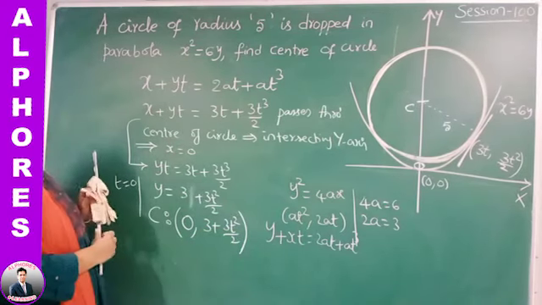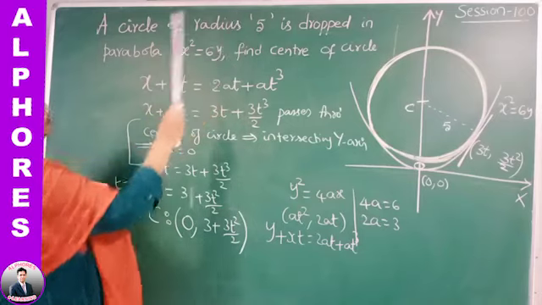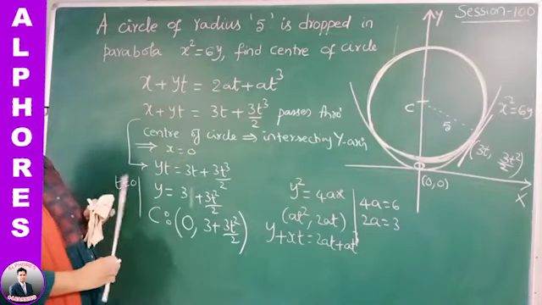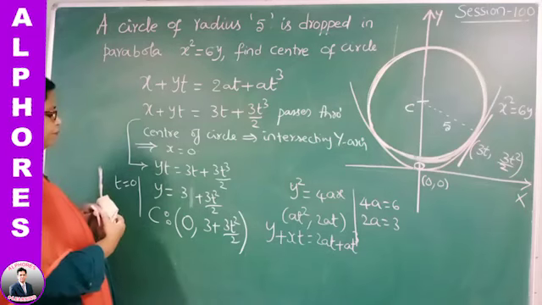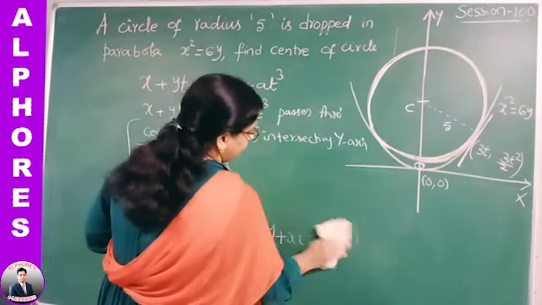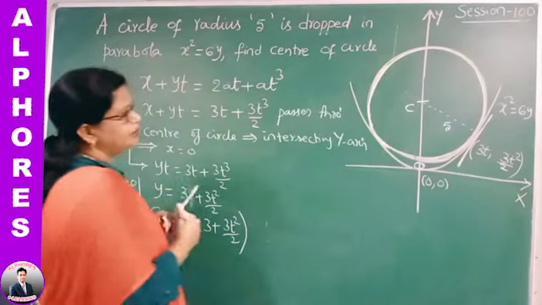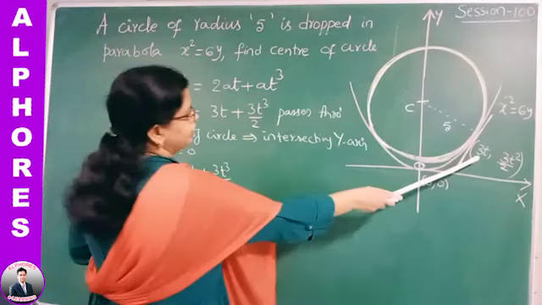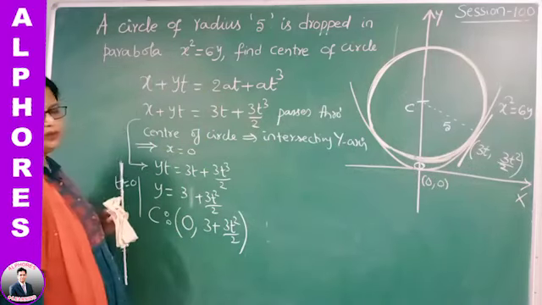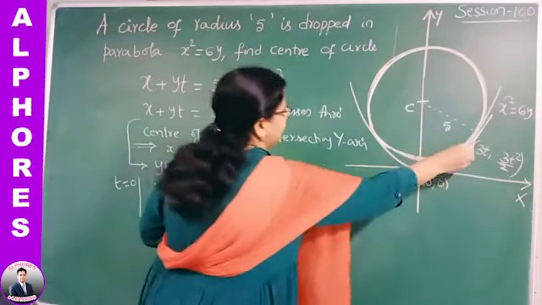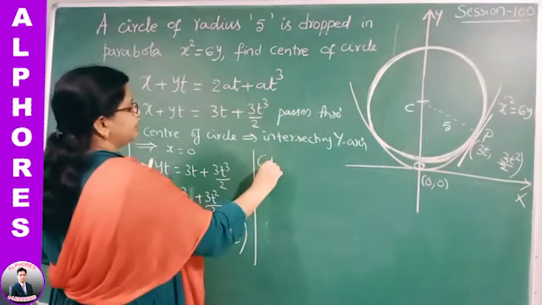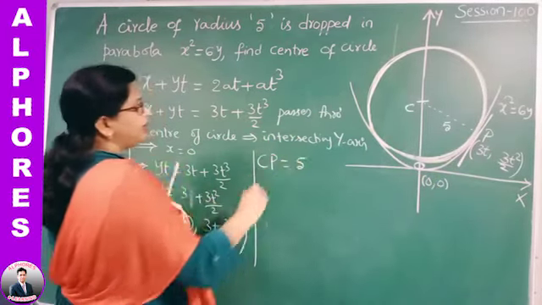Then what is the requirement here? Radius is already given, they asked about the center. That means we need to find the t value. Now if I take the radius equal to 5, we connect the center with the point (3t, 3t²/2). Suppose I take this point as P, then CP is equal to 5, right?